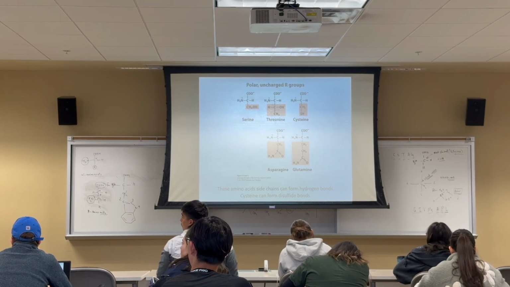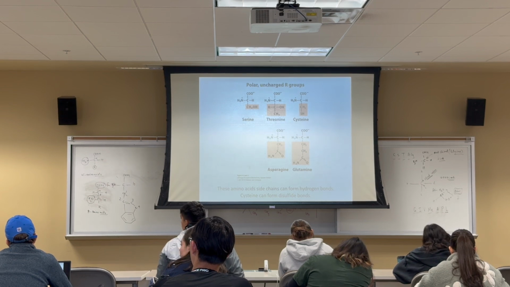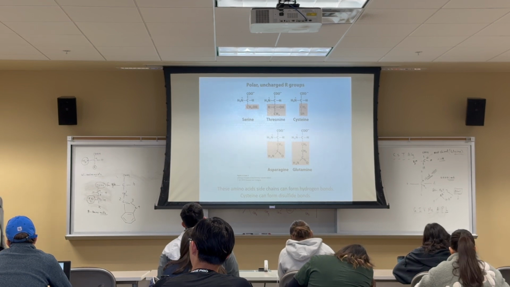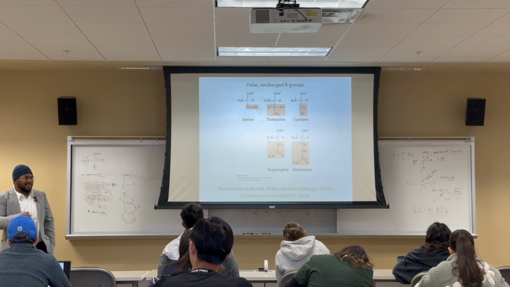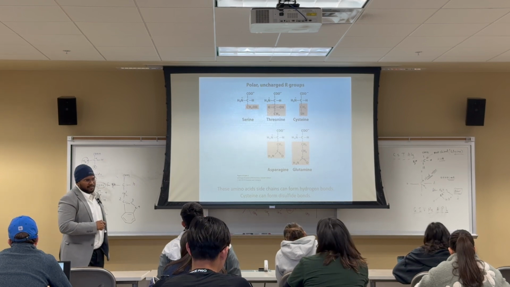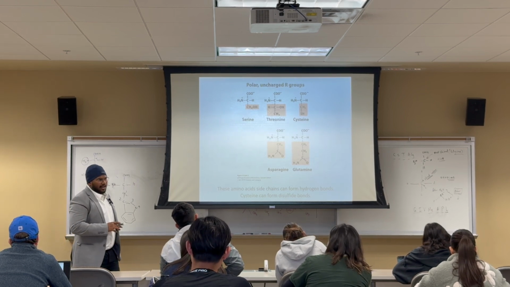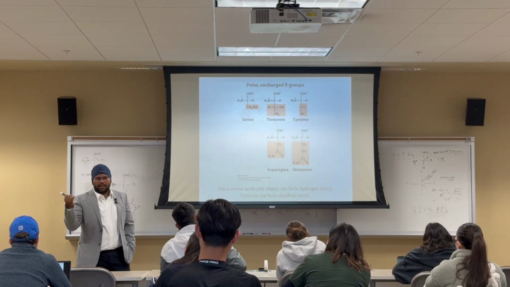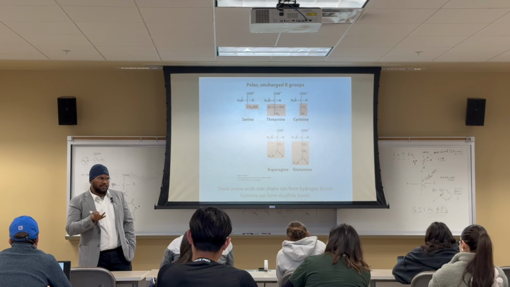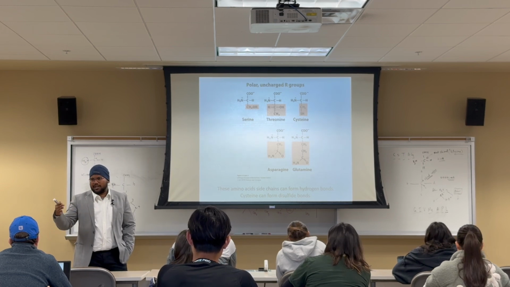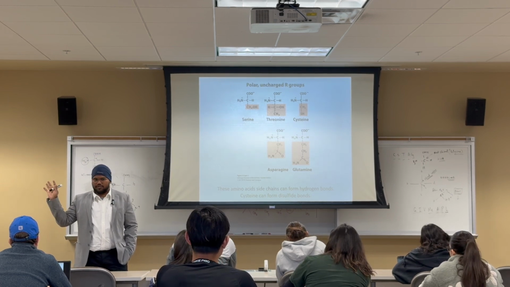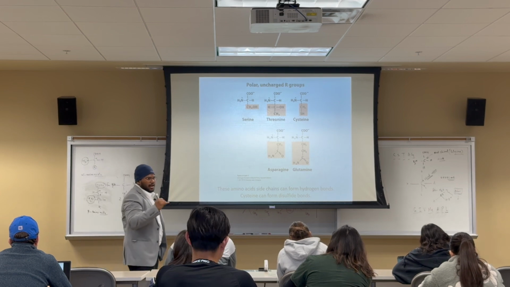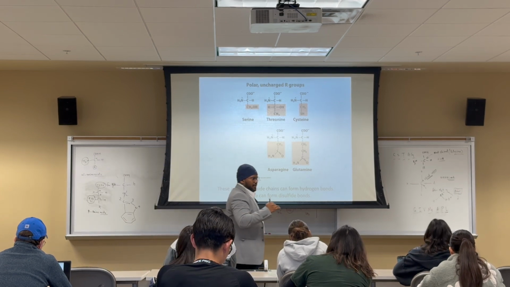Rahul, can you give me an example of a sulfur containing amino acid? Methionine, exactly. I told you, you know the answer. So we have another sulfur containing amino acid, which is cysteine. Now we have two sulfur containing amino acids: one is methionine and the other is cysteine. Cysteine and methionine are sulfur containing amino acids. That's it. Full stop.